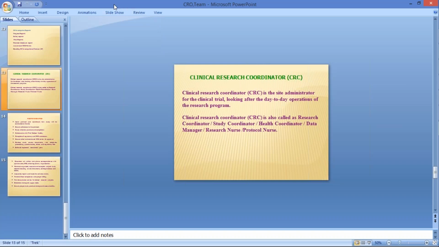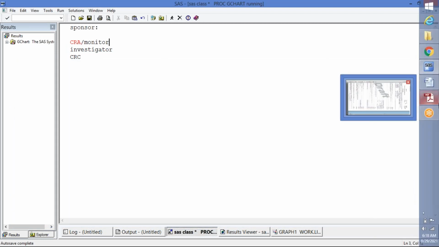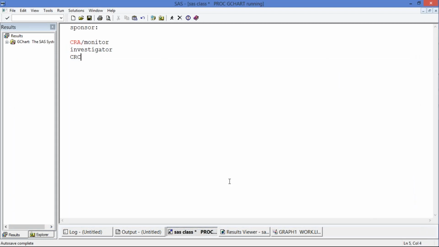So sponsor, CRA, monitor, and CRC. This is a team of a clinical trial. The sponsor may not visit the site all the way and check how the study is going on.